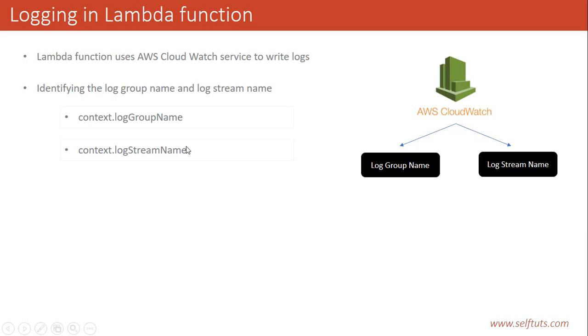These are basically execution environment variables that tell where my logs are getting written, and you can easily get that information using context.logGroupName and context.logStreamName.